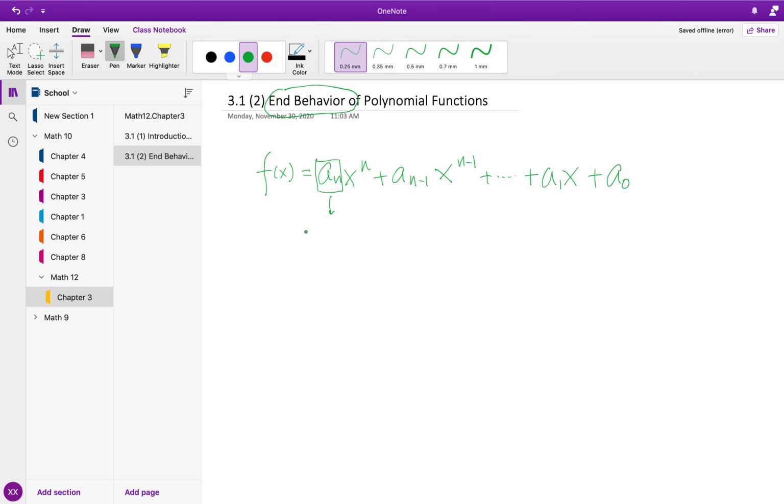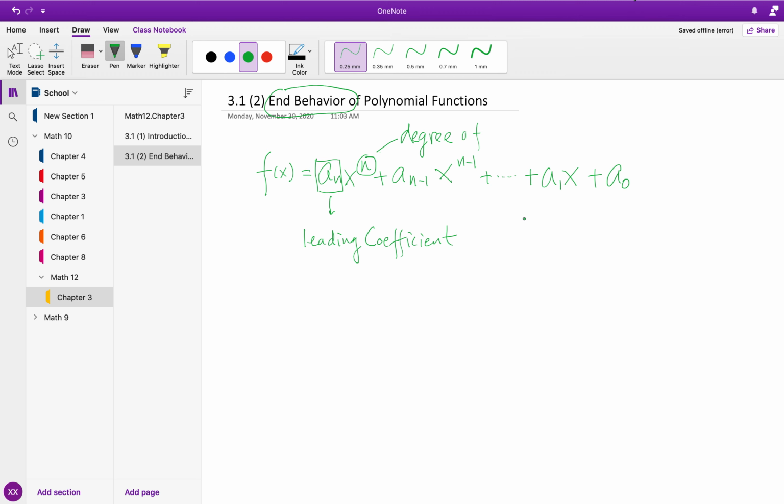called the leading coefficient, and the highest degree among all the powers of x is called the degree of the polynomial, right?